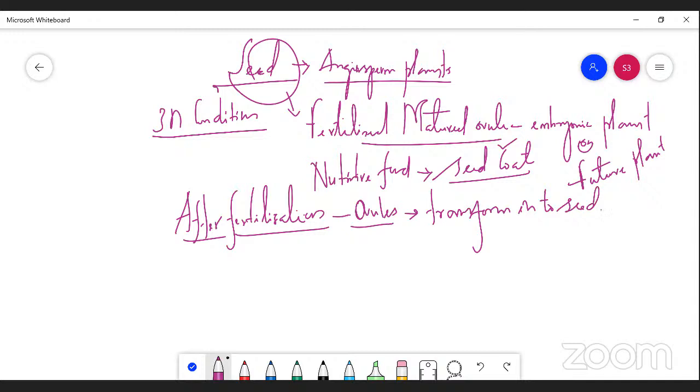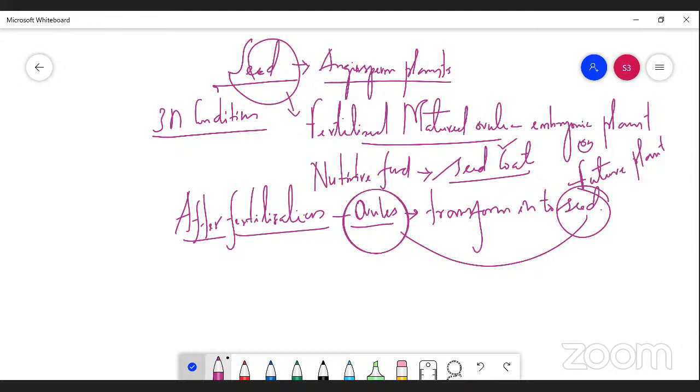So the ovule becomes a seed, and the ovary becomes a fruit. That was already discussed. What is fertilization? Fusion of male and female gametes. After the fusion, a number of changes occur in the ovule, and that ovule is transformed into the seed.